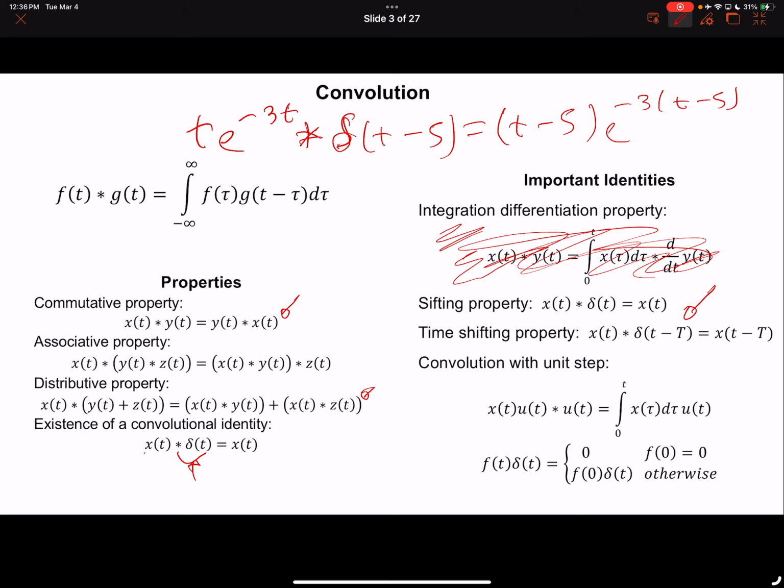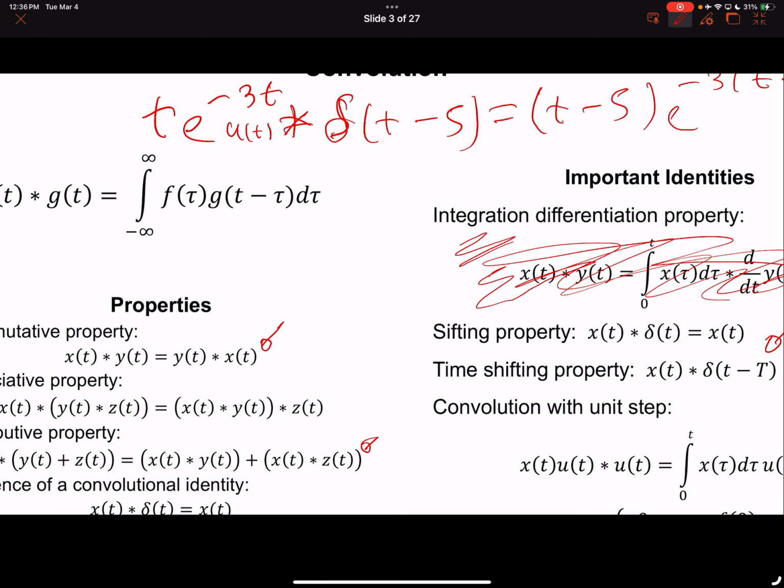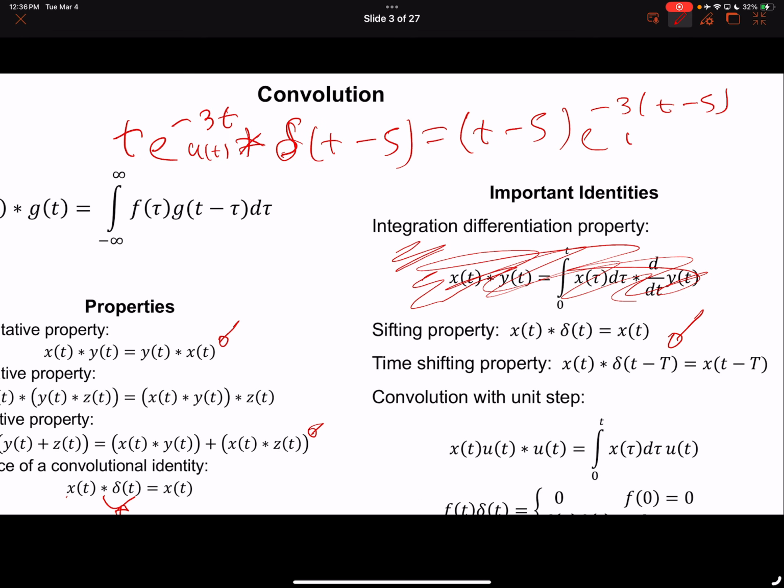That's it. Here I can put a u(t) if I want to, and now this becomes u(t - 5). So it's important that you know this time-shifting property: if I have some function of t and I convolve it with a time-shifted delta function, I get the same function back shifted by that delay.